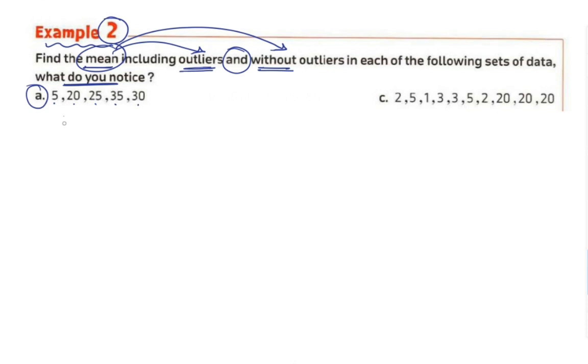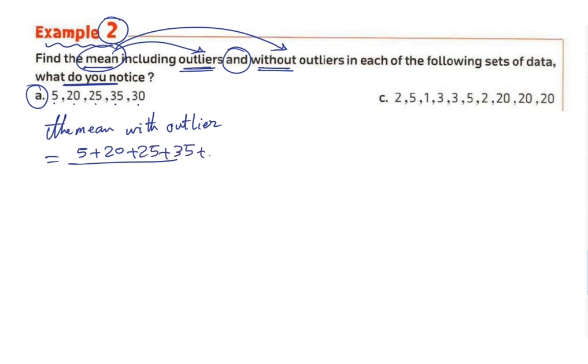Now to find the mean with outlier, you have to add all values, divided by the number of them: 1, 2, 3, 4, 5.